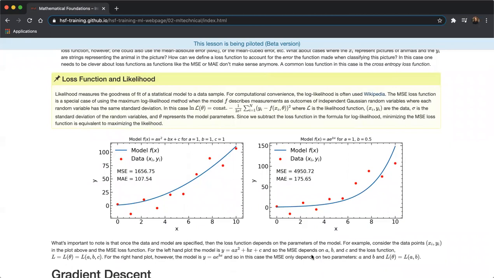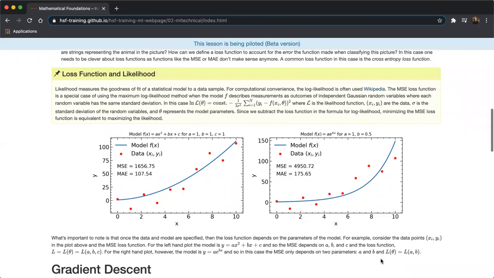So the MSE depends on a, b, and c, and the loss function is a function of a, b, and c. For the right-hand side, the model is y equals a, e to the bx. So in this case, the MSE depends on only two parameters, a and b.